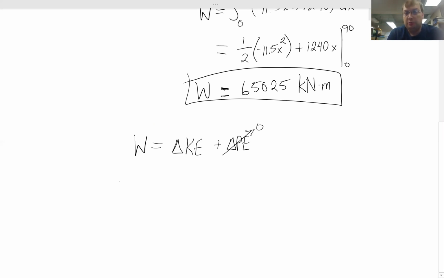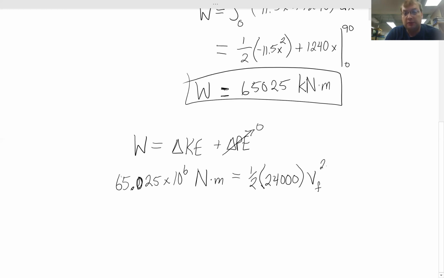If we now look at the work and convert this to newton meters, to make certain that we're in base unit forms, we have that 65.025 times 10 to the 6th newton meters is equal to one half, our mass given as 24,000 kilograms, multiplied by the velocity squared. Now this again is our final velocity.